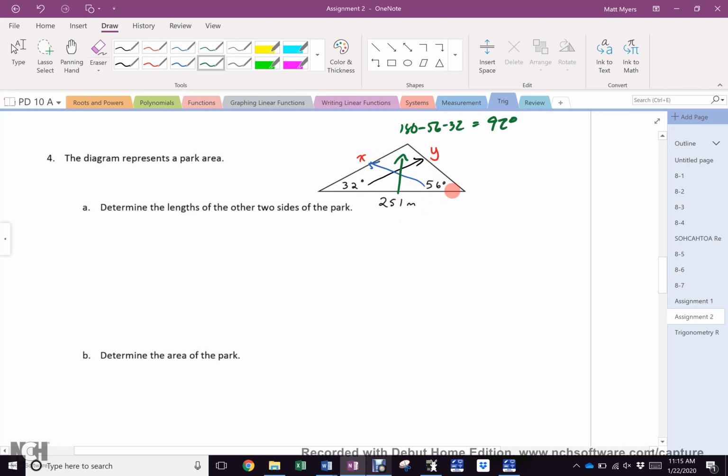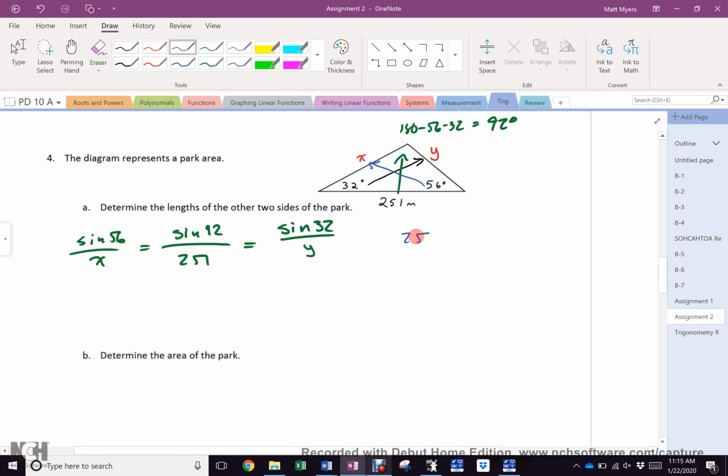So now I can do it. Sine of 92 over 251 equals sine of 32 over y, and it equals sine of 56 over x.